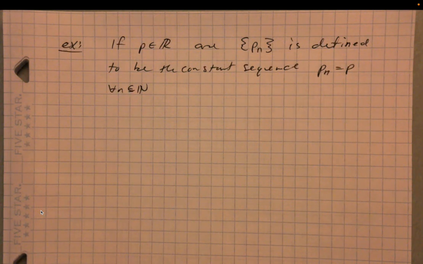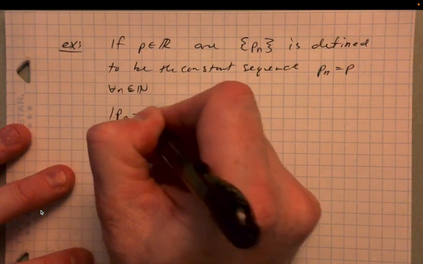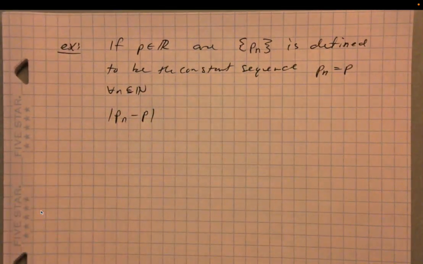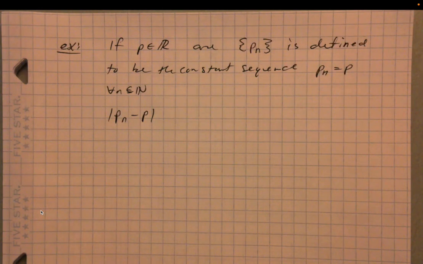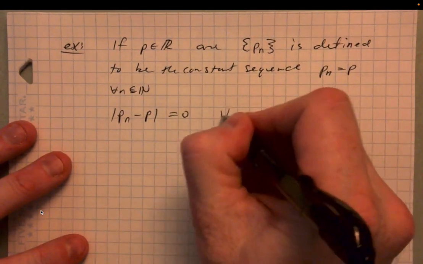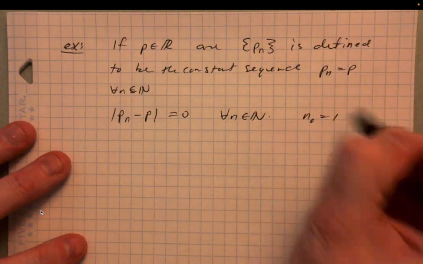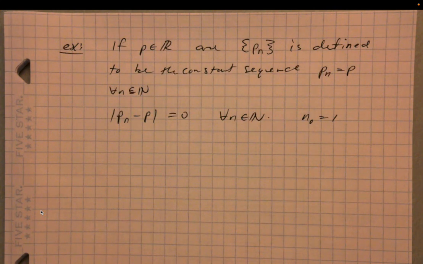Something like that. Well, then in that case, the distance between p sub n and p is equal to 0 for all n in the natural numbers. Right, so you could take n naught to just be 1. The first term has distance 0 from the limit point p. And so on. And of course all of them do.